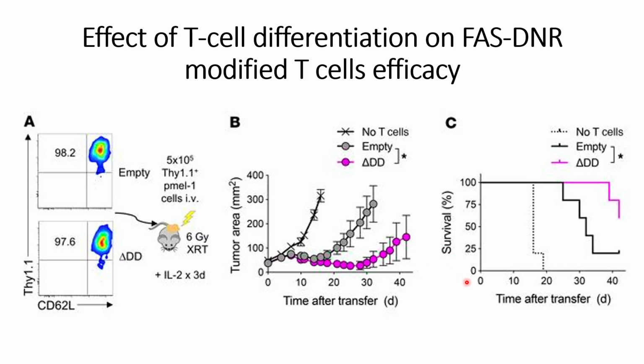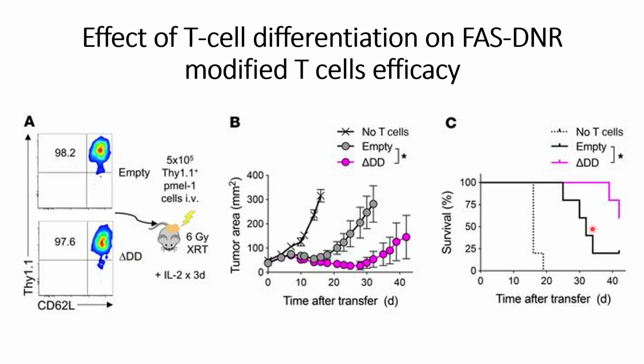When they check the survival rate of these conditions, the mice with no T cells injected die in a short duration of time, whereas where they introduce the T cells with the empty construct, they see an increase in the survival rate.